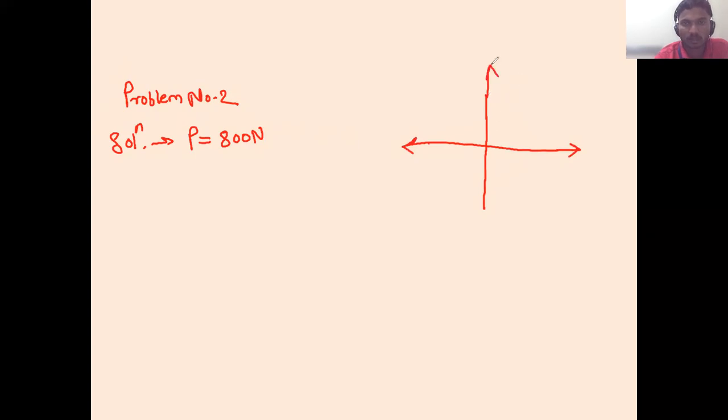Problem number 2, here I will write the solution. Let us consider the force given: P is equal to 800 Newton. Now I will draw the principal directions. It is very basic, but some of you are still facing problems.